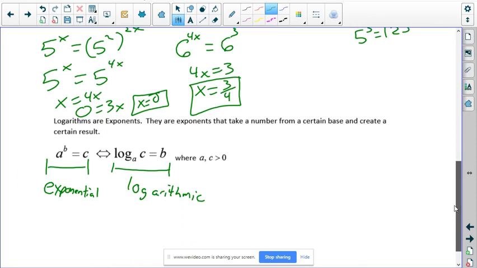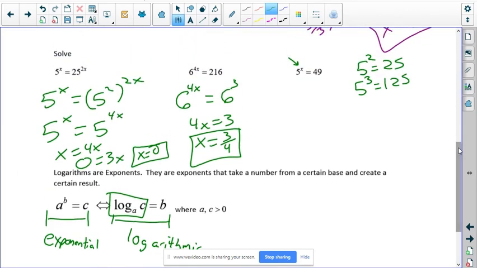What this b equals log base a of c means is that b is an exponent because it is a log. All logs are exponents, and this is the exponent that takes a base of a and makes its result come c.